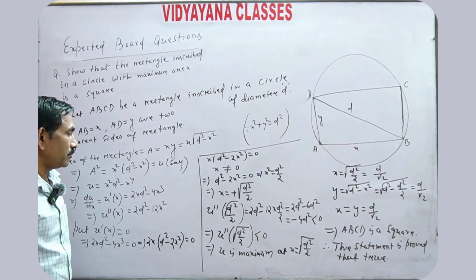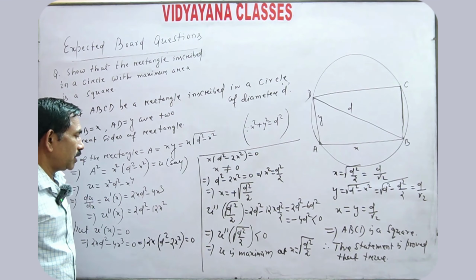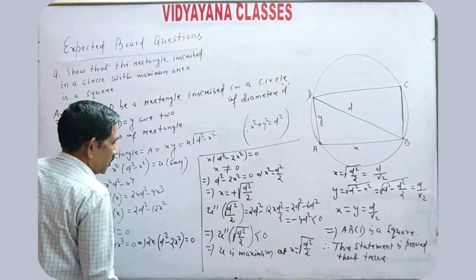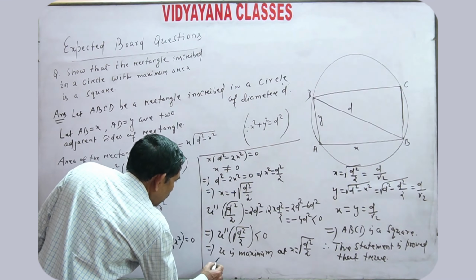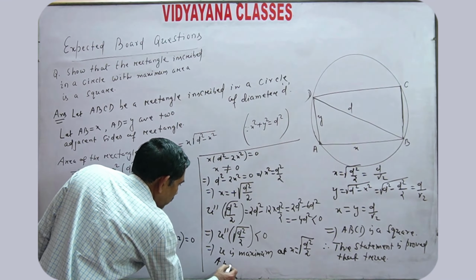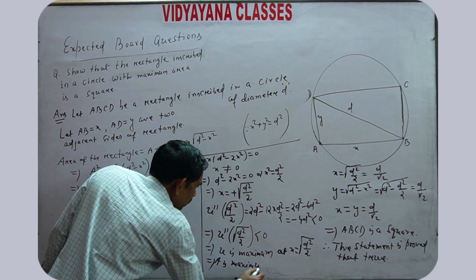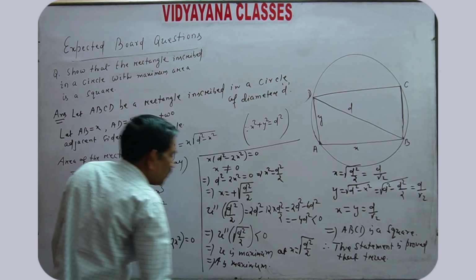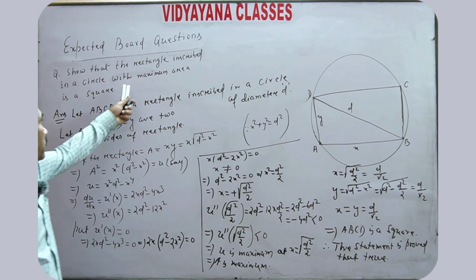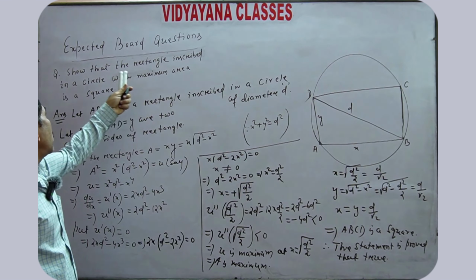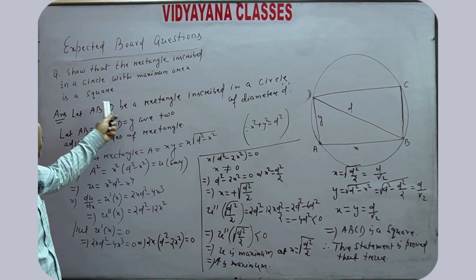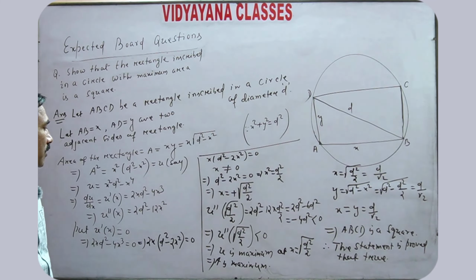Clear? U is maximum at x. U is maximum means area A is maximum. Area is maximum. The rectangle represents a square.